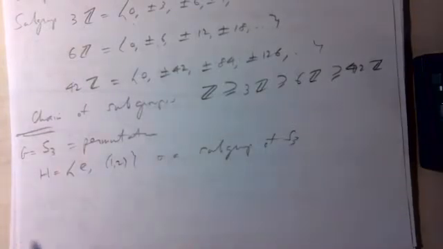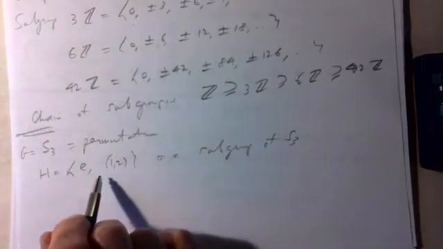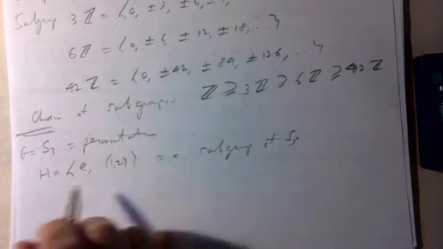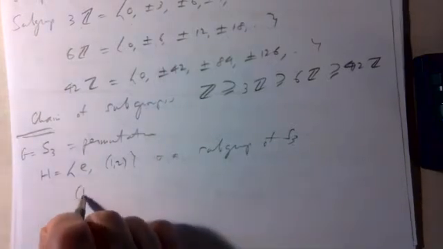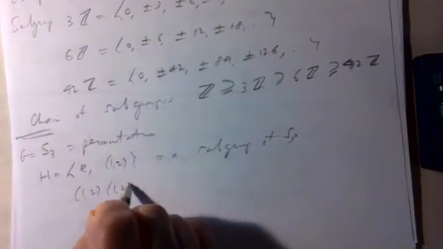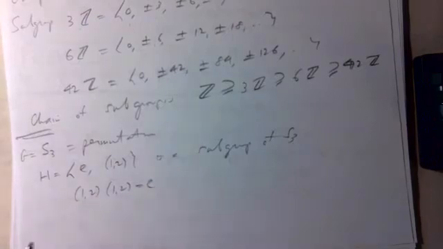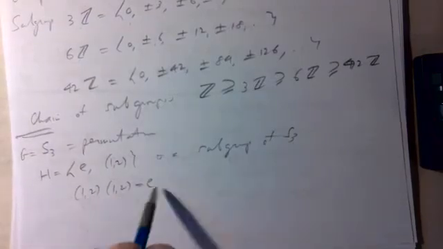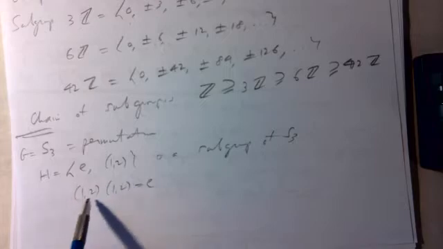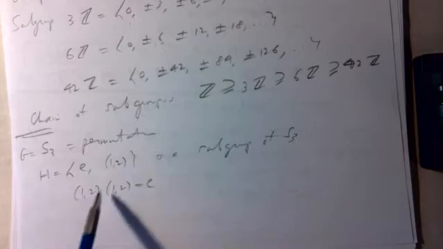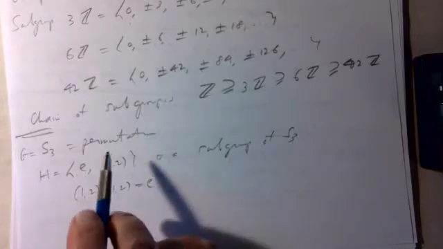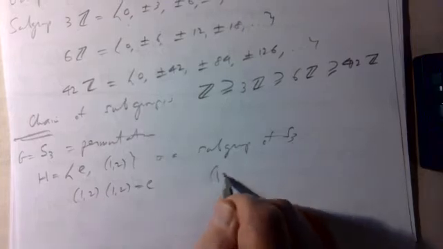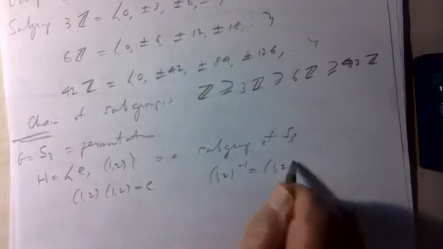It contains the identity, and it's closed under multiplication, and it contains the inverse of each element. So 1, 2 times 1, 2 is the identity. Interchange 1 and 2, interchange them again, you're back where you started. So this is closed under multiplication, and it contains the inverse of each element. The inverse of 1, 2 is 1, 2.